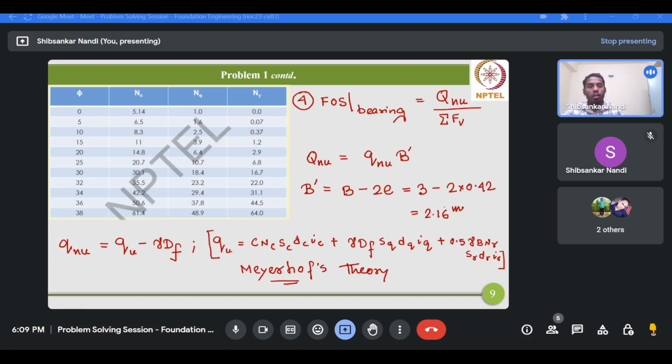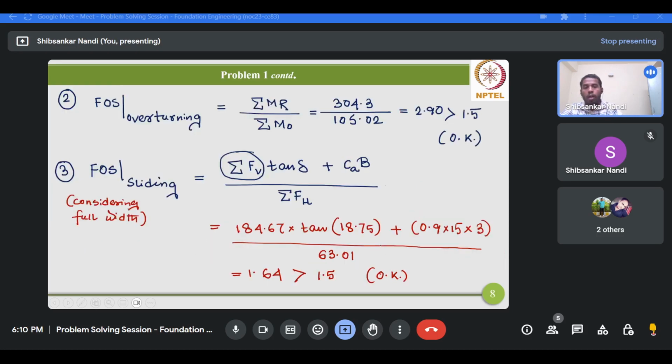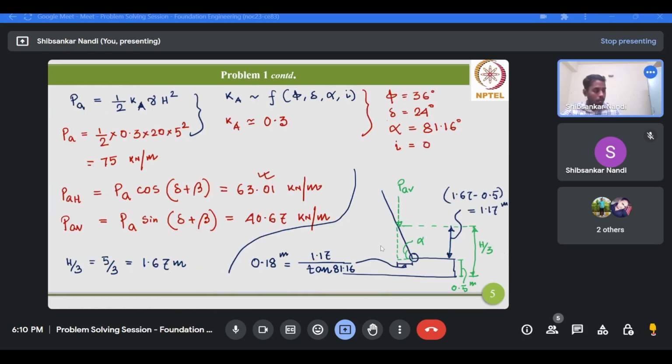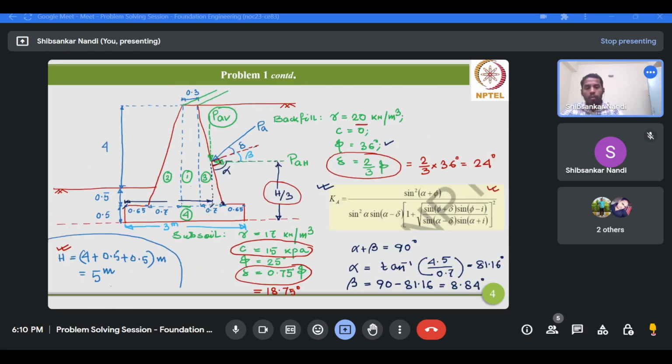Now we'll summarize the parameters involved in this expression one by one. B prime we have already calculated as 2.16 meter. This FB we have already determined as 184.67. Now what are C, gamma, Df? C is the cohesion value of the subsoil, 15 kPa.